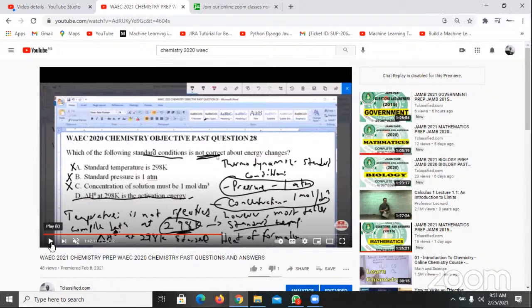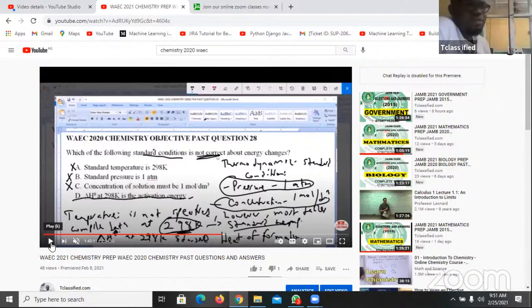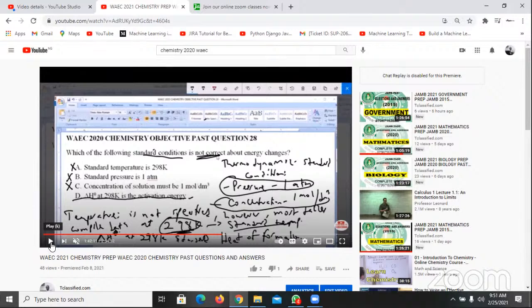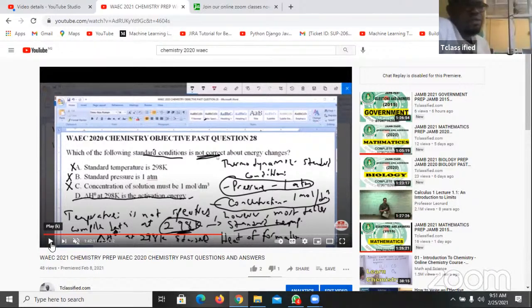That means the correct one is B, standard pressure 1 atm. Now, if they say the one that is not correct, which of those statements are not correct? Standard temperature is 298, standard pressure is 1 atm. So he's asking for the one that is not correct.